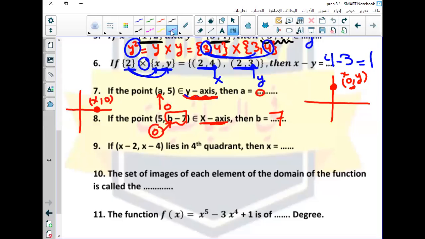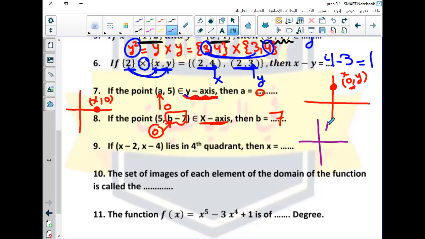Number 9: x minus 2 and x minus 4 lies in the fourth quadrant. Then x belongs to the fourth quadrant.